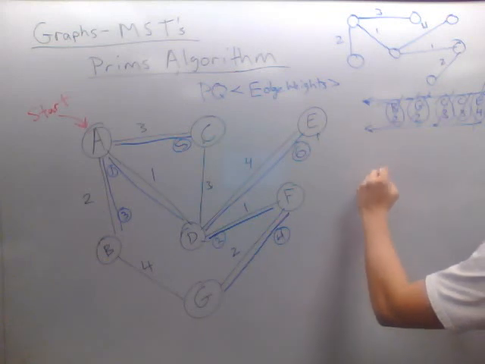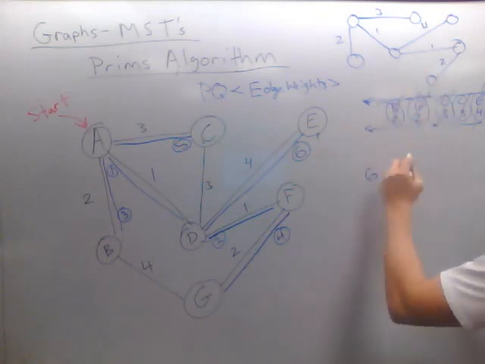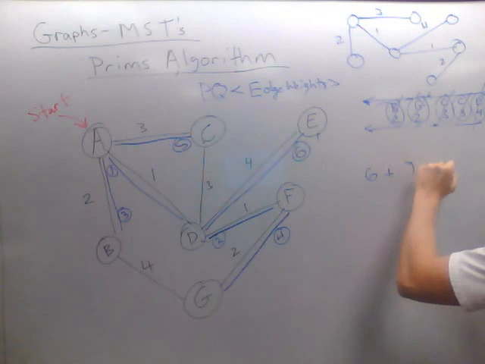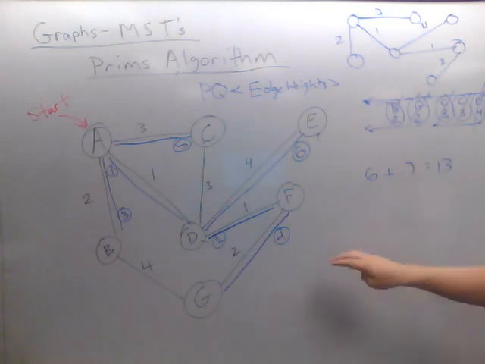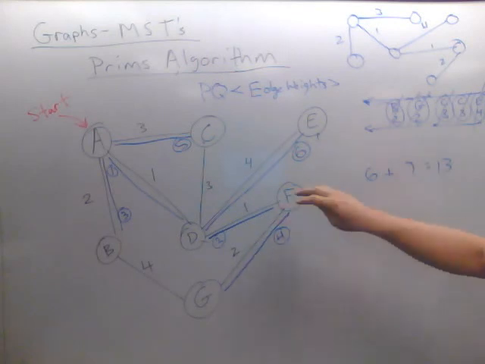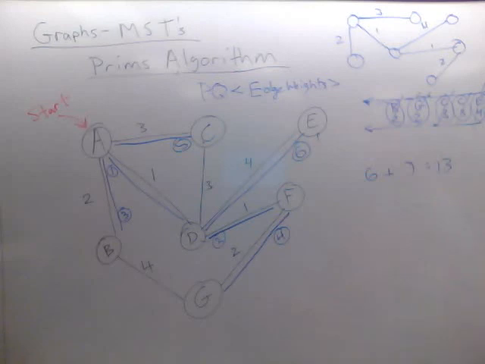So that's going to be 6 plus 7. So my minimum weight that I can represent this graph, choosing the minimum number of edges to include every vertex, is going to have weight 13, and that's how you do Prim's.